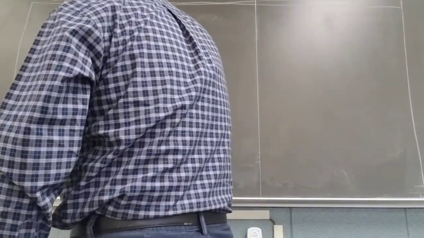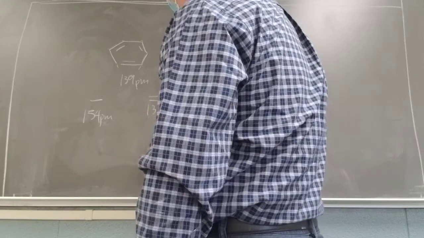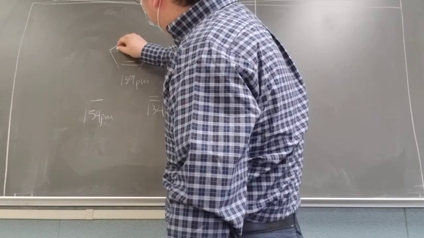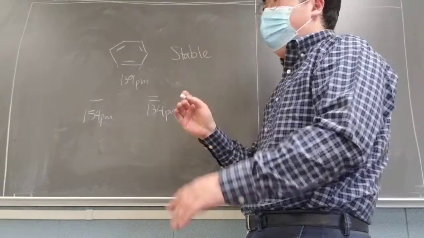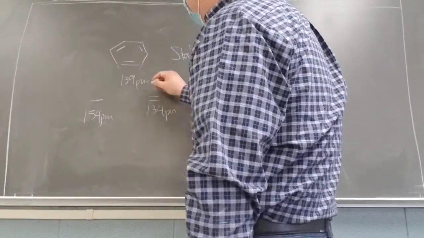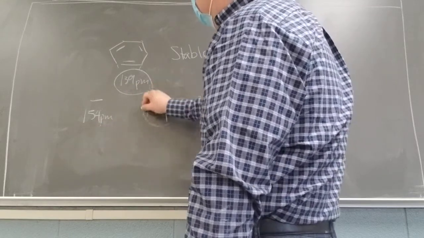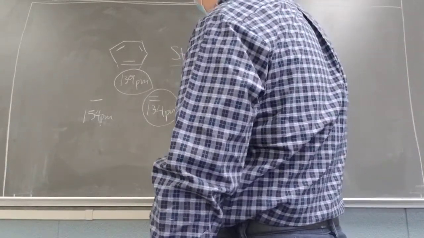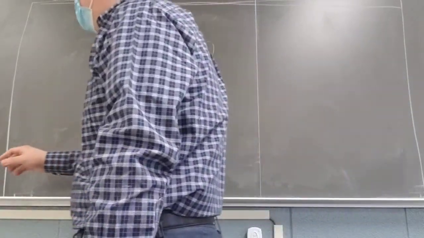Usually the single bond is about 154 picometer, and the double bond is about 134. In benzene, the bond lengths are very similar and the same all around, shorter than a single bond and very close to the length of a carbon-carbon double bond. So that makes it very stable, and we want to find out what's going on with this benzene structure.